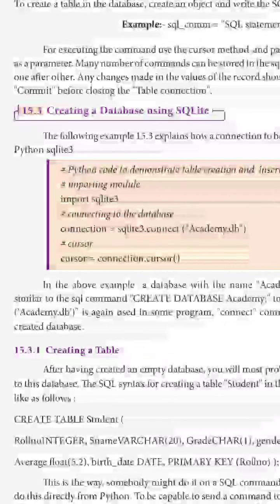If it is not present, it will create it. If it is an already existing database, then it will open it for you. Then cursor is equal to connection.cursor. So this database will be created.